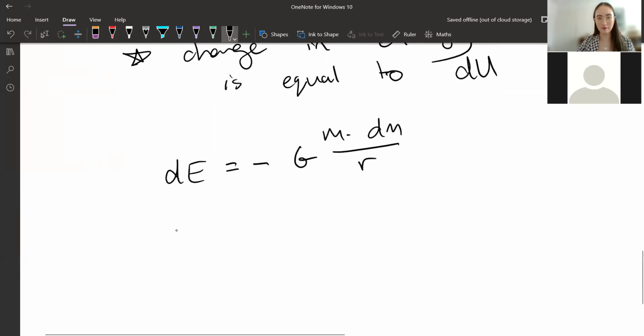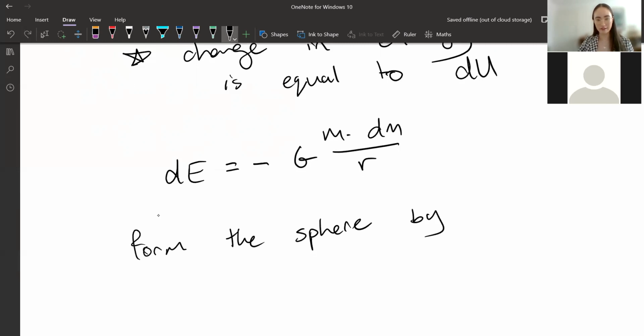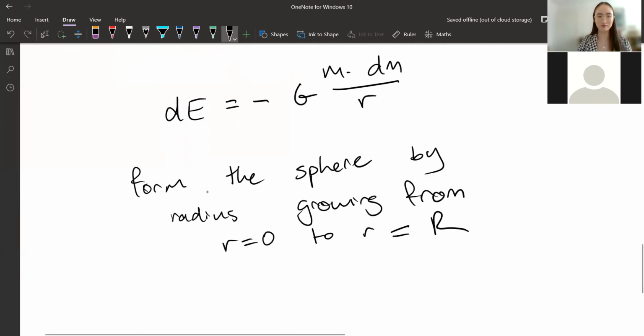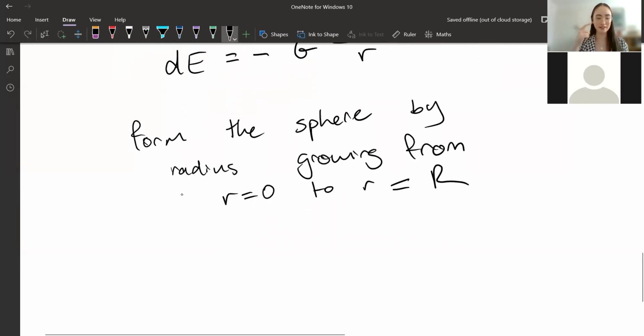And this is the energy of how we form our sphere, I suppose, by those layers, when particles keep coming and getting stuck together. And so we form this sphere by the radius growing from r equals 0 to r is equal to the big R, the total final radius of the sphere once it's completely formed.